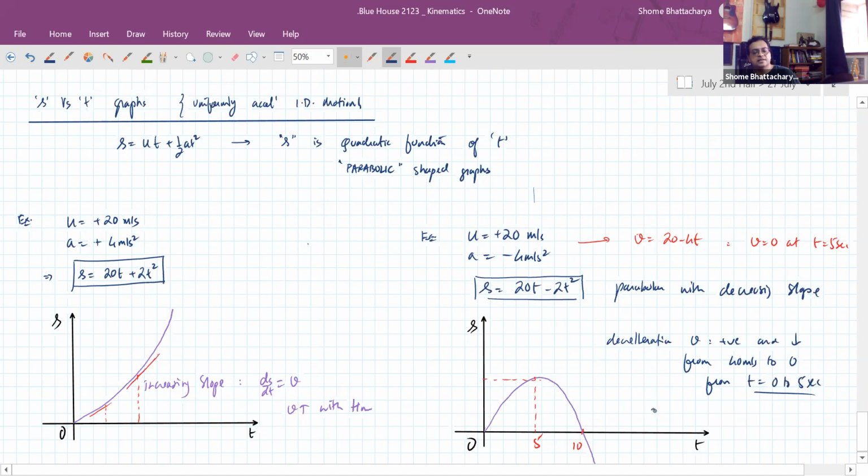And then there is acceleration, but in the opposite direction. That is, V is negative and the speed is increasing from 0 to minus 20 meters per second, from 5 to 10 seconds, etc. That kind of thing.